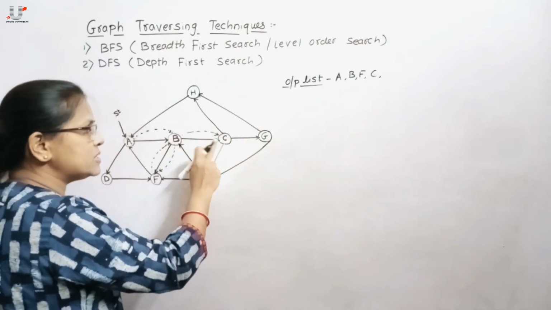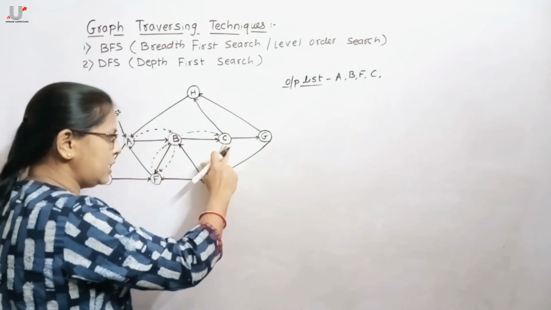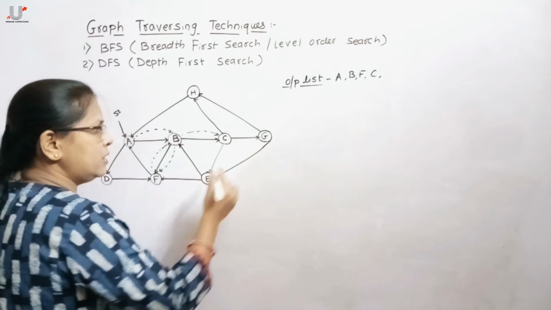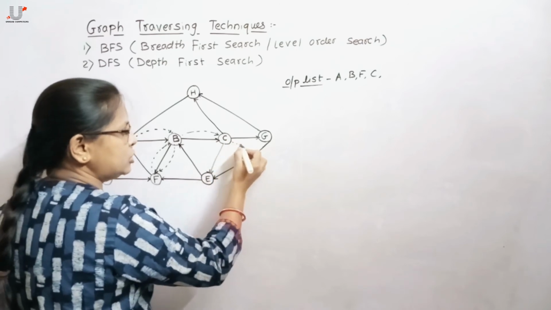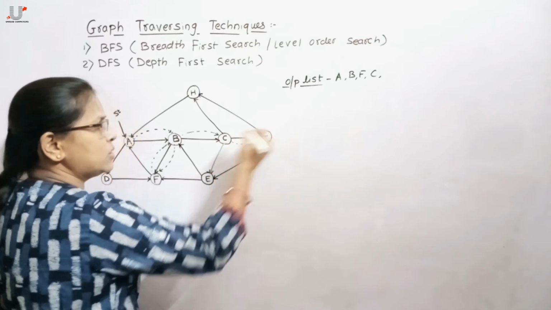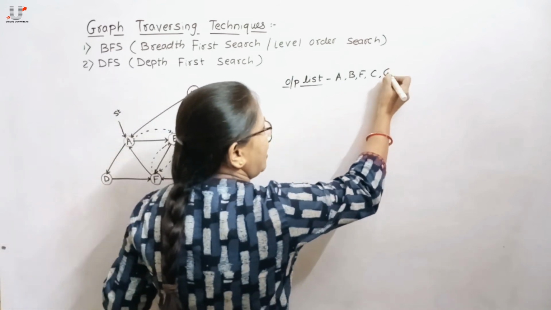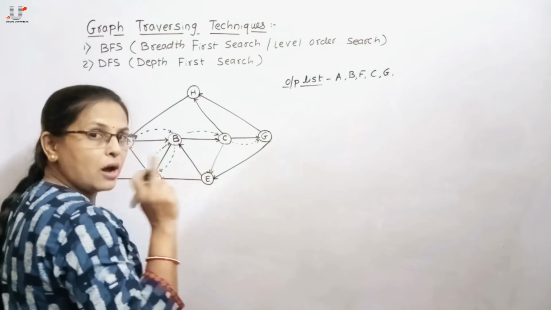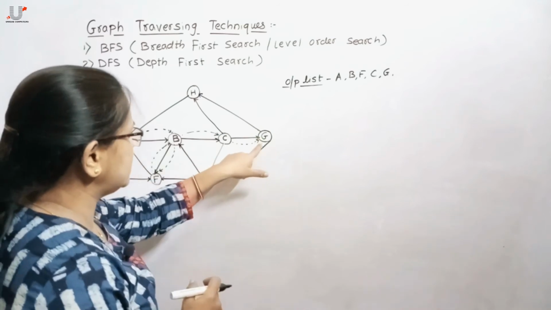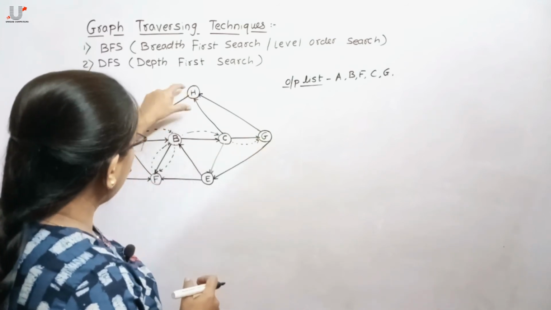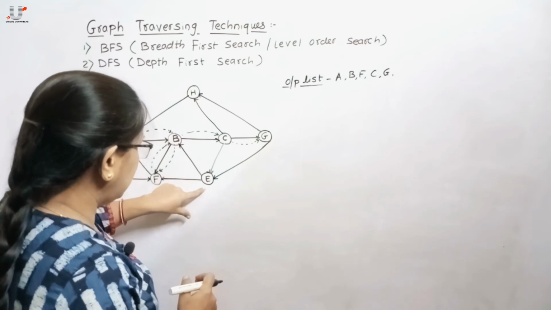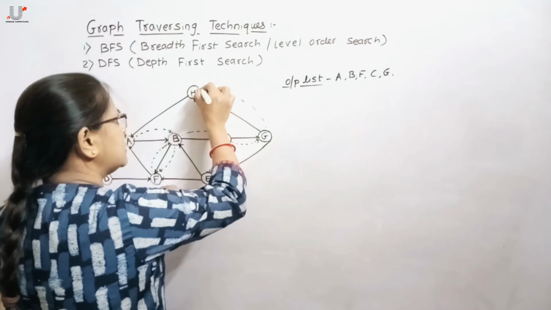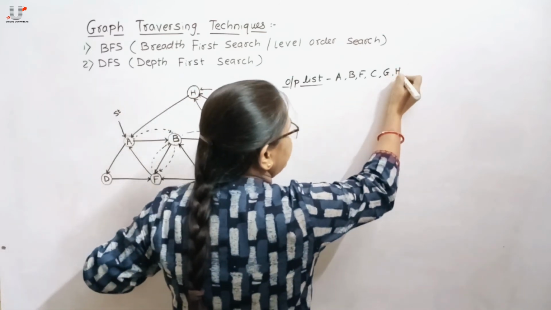Then check unvisited adjacent nodes of this C. They are E and G. You can choose any. Here I select G, so control will transfer to that G, and add that G to the output list. Then again from that G check unvisited adjacent nodes for this G. They are H as well as E. So here I move to H first, and that H gets added.